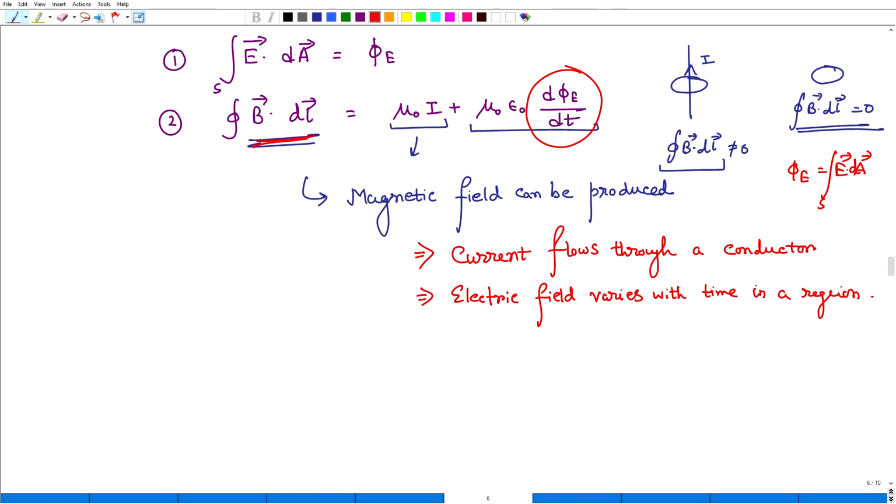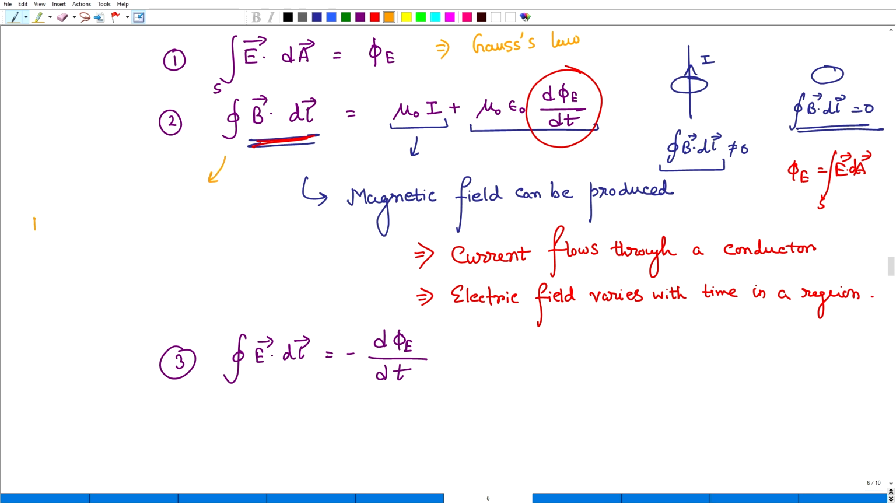Okay, so similarly we can write the generalized Faraday's equation, which is E dot dl, the line integral of the electric field, equals minus d phi e dt. Again, phi is the flux and d phi dt is the flux changing with respect to time. This is Faraday's law. The first one is the Gauss law for the electric field.